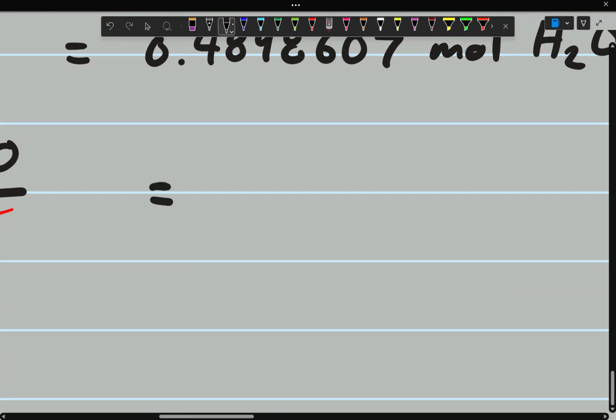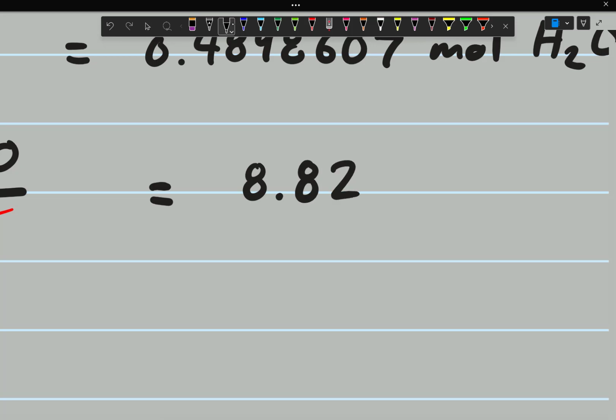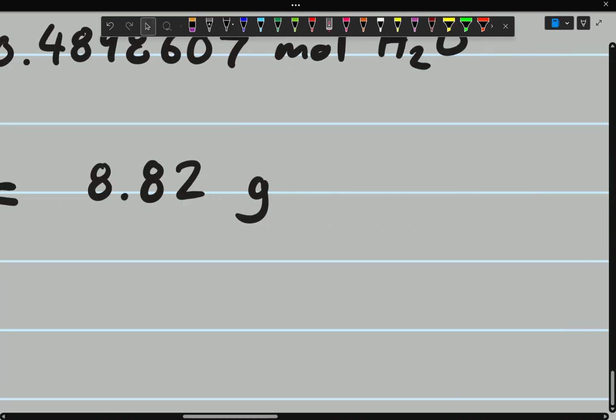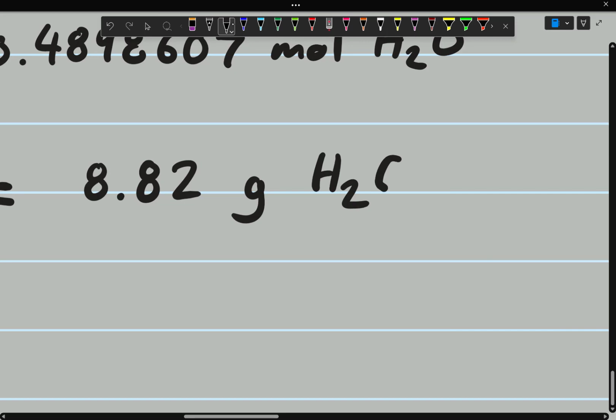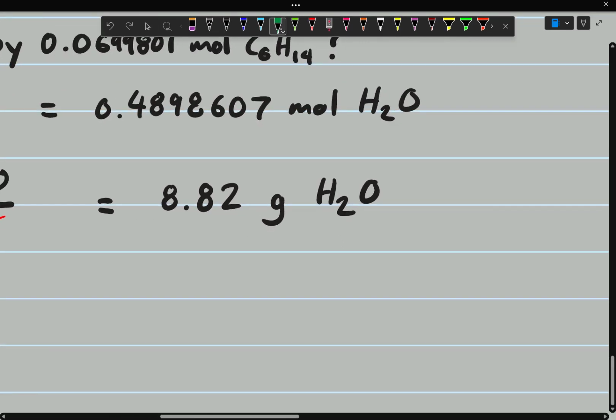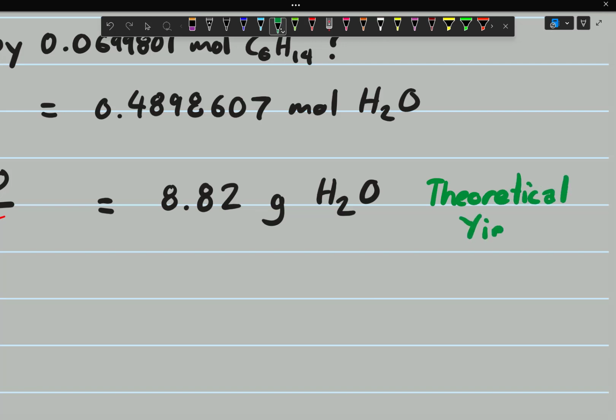And if you plug that into your calculator, you get 8.82 grams of H2O. And this is the theoretical yield.